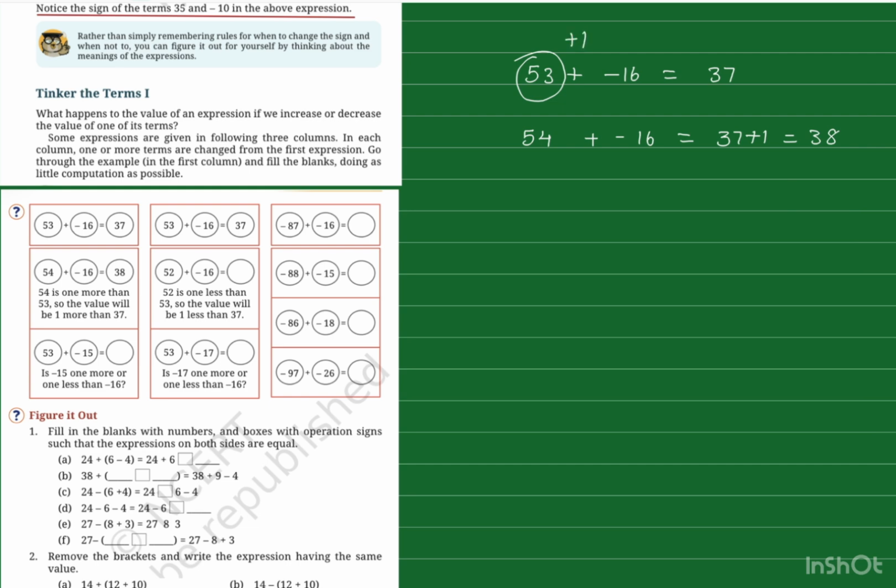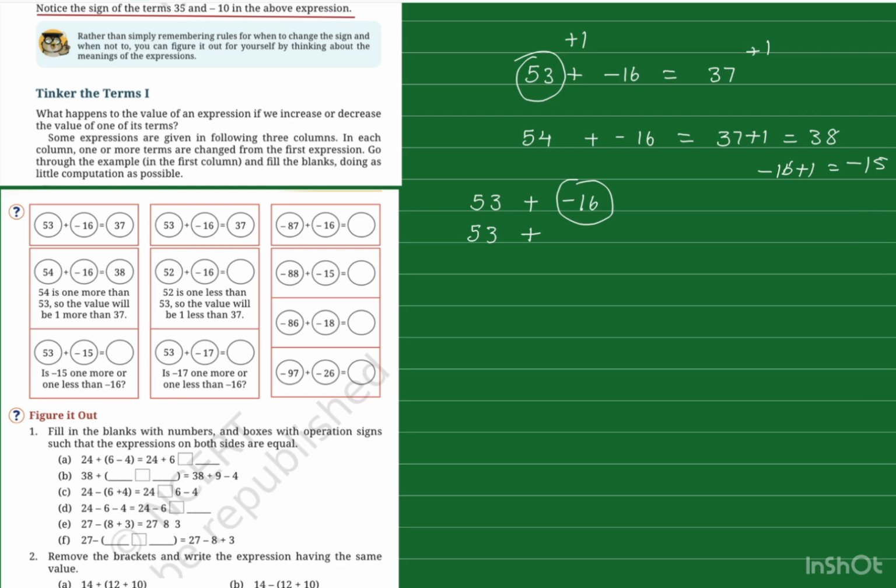So here we are adding 1, and the answer will be 1 more than 37. 53 plus 1 more than minus 16 is minus 16 plus 1, that is minus 15.